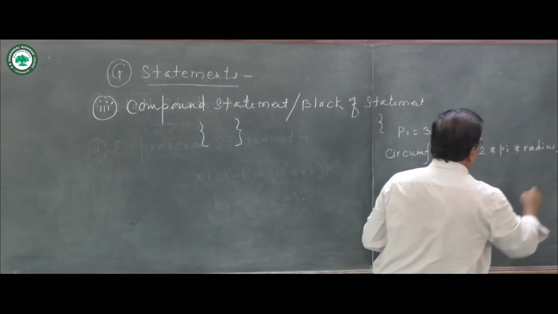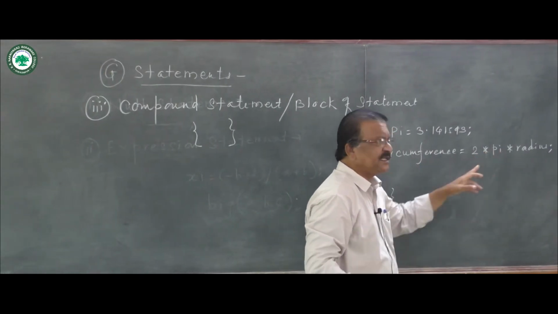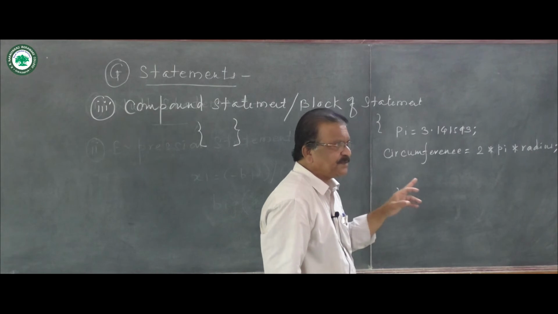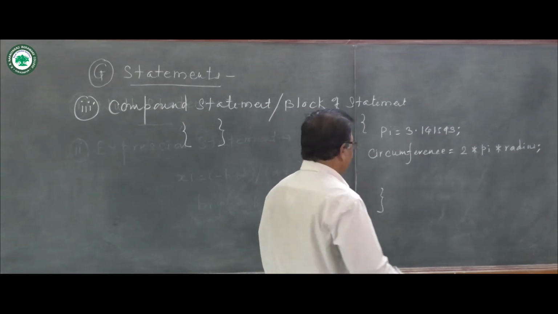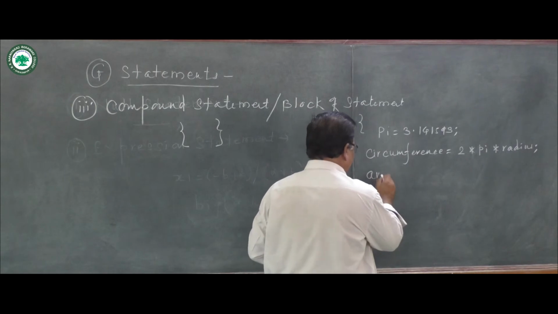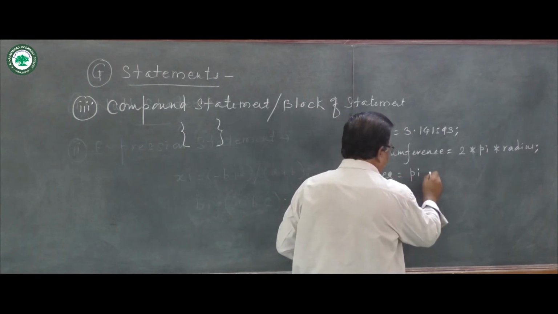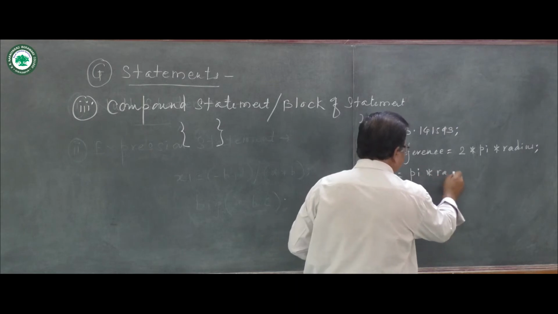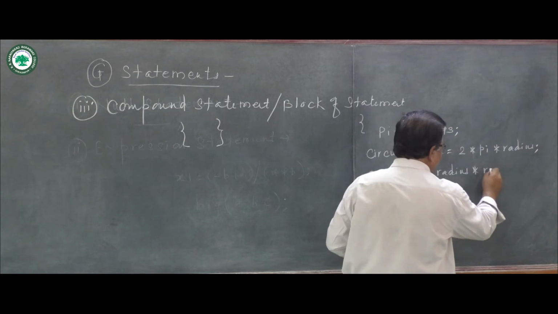For multiplication, the star or asterisk symbol must be explicitly written. Now again, knowing radius, you can calculate area of a circle. Area equal to pi r square, which means pi times radius star radius.